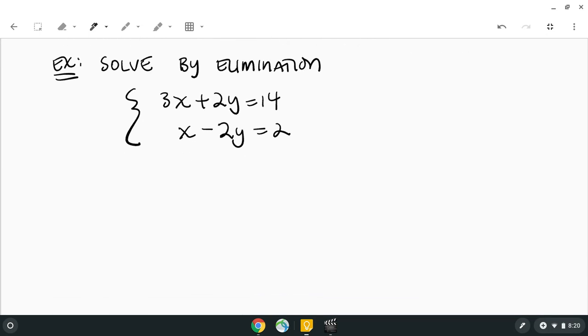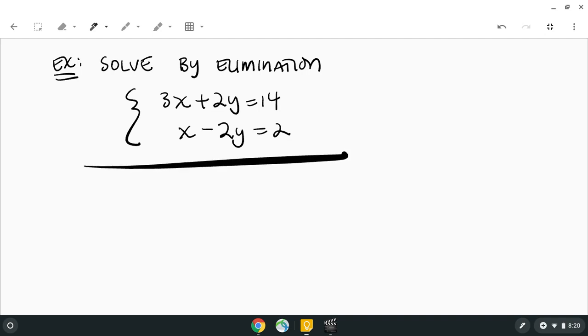To use elimination method, also known as addition method, you're going to be eliminating one of the variables, x or y. You're going to be eliminating them by adding the two equations together. So what happens here is they automatically will eliminate when I add them.